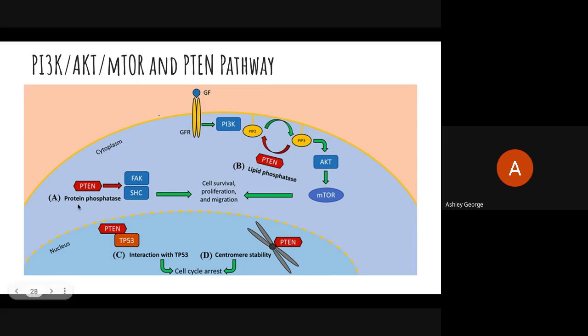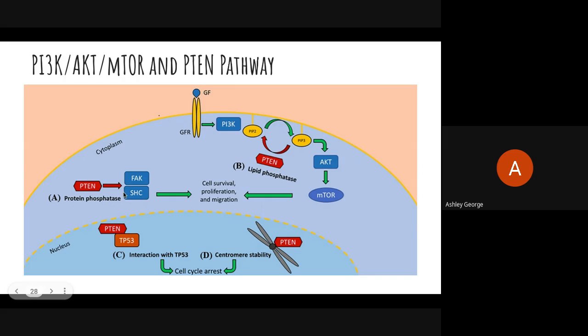So if we kind of go based on the letters that we see here, starting at A, one of the functions of PTEN is that it regulates the cell migration through protein substrate dephosphorylation, which leads to, these are pointing here to cell survival, proliferation, and migration.